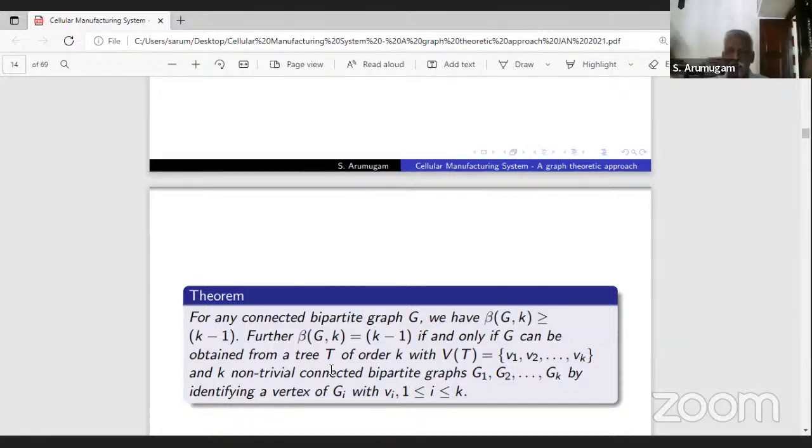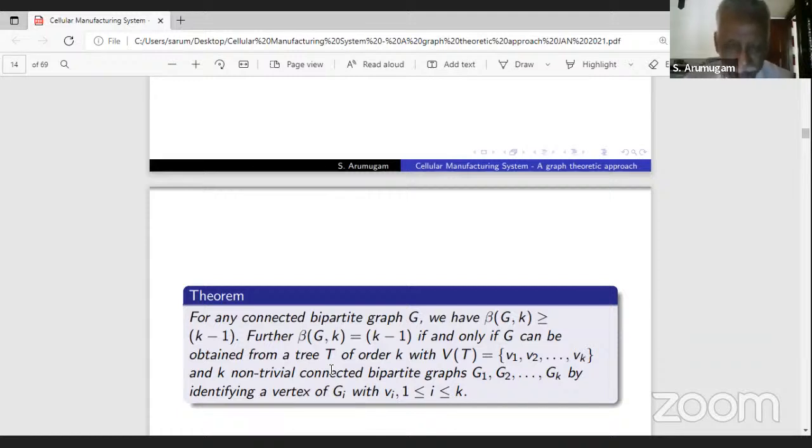Blow up the tree. You draw the tree with vertices v1, v2, up to vk. At v1, attach a bipartite graph. At v2, attach another bipartite graph, and so on. At vk, attach another bipartite graph. You get a large family because the choice of bipartite graph is completely in your hand. And these are the only graphs for which beta g comma k equals k minus 1.